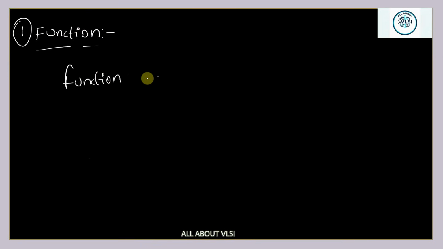Now, first of all, let us start our discussion about what you mean by function. Let us see the syntax of your function, how to declare your function. Coming to the syntax, you're going to write function, which is a keyword, followed by the return type you need to have.